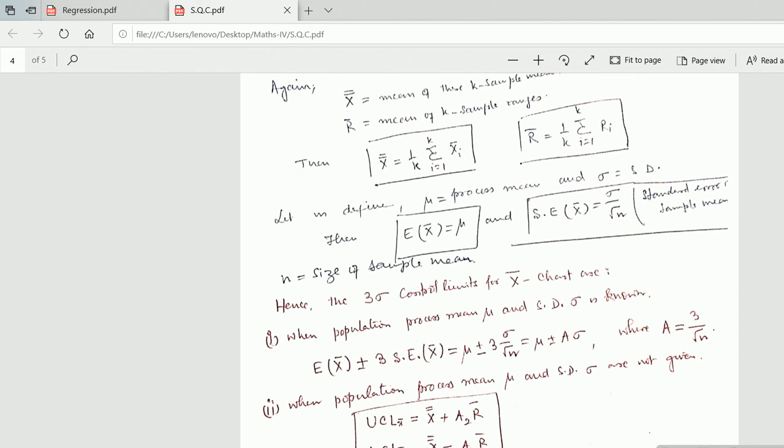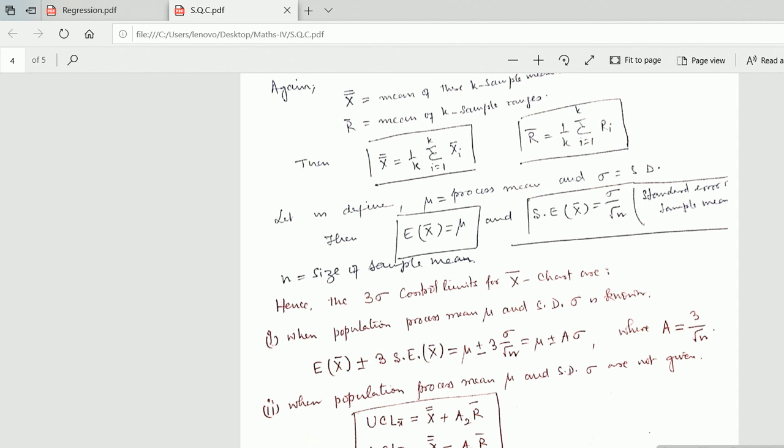Let us define mu as the process mean and sigma as the standard deviation. Then E of X bar is equal to mu and S.E. of X bar is equal to sigma upon under root n, the standard error of the sample mean, where n is the size of the sample.